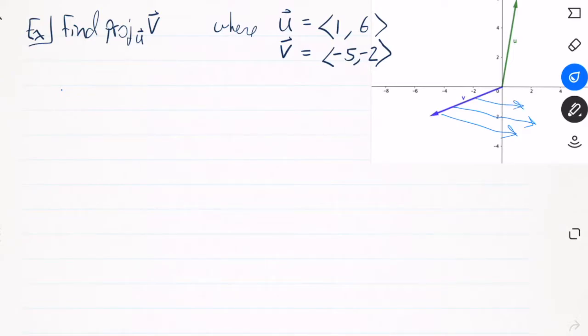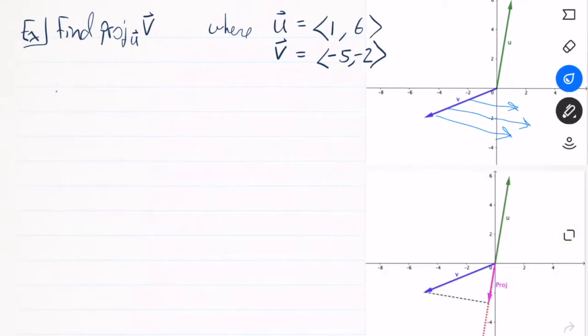So I have to change this picture just a little bit so that it has something to create a shadow on. So I've created this other picture by just including the vector -u going in the opposite direction. And technically it doesn't even have to be the vector, it just has to be a line or a ray going in the opposite direction parallel to u starting at the origin.